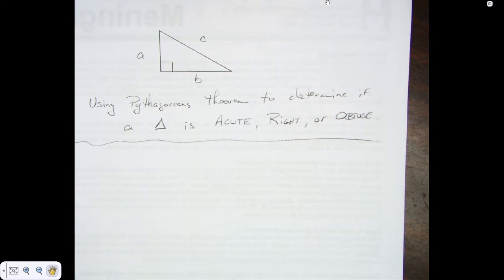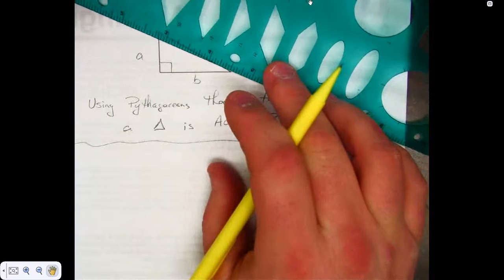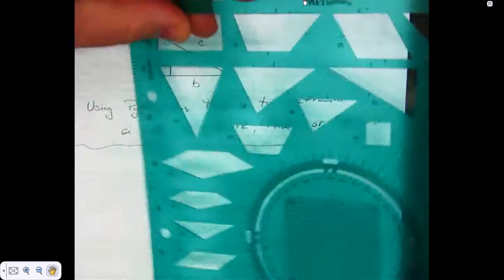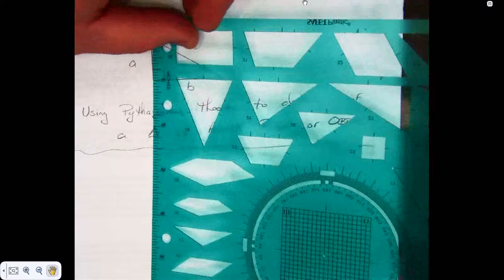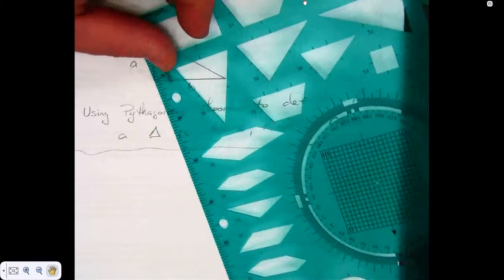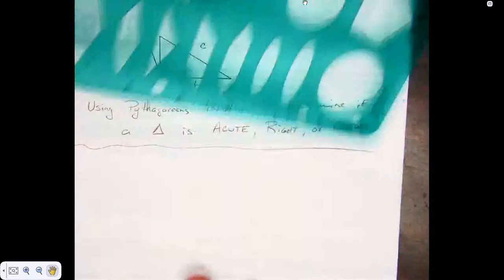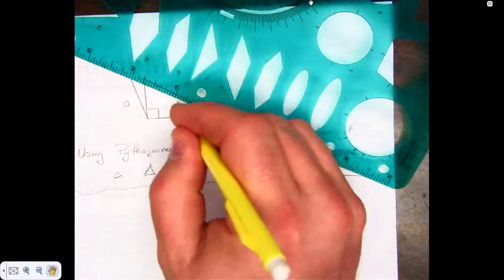Now, if I was to keep these sides exactly the same length, everybody just look up here, and I was to make this angle bigger than 90, tell me what happens to the hypotenuse.